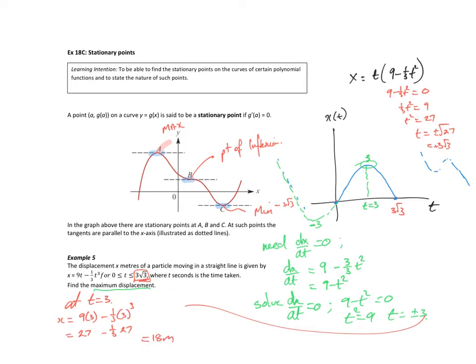So that point there is the point (3, 18). So the maximum occurs at t equal to 3, right? But the actual maximum value is 18 meters.